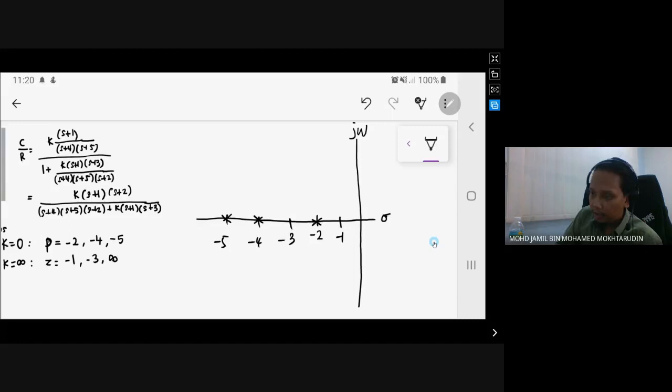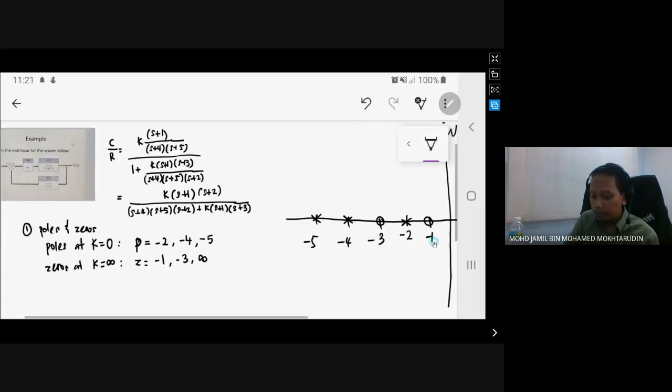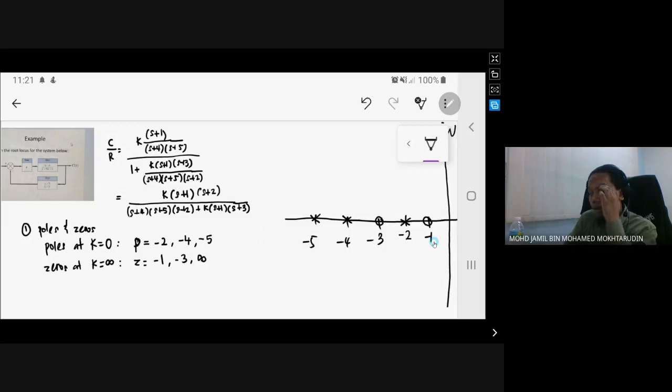And then 0 at -1 and -3. Okay, so kita guna X untuk poles, bulatan or circle for 0. So the first step is to find the poles and 0 and sketch on S-plane.